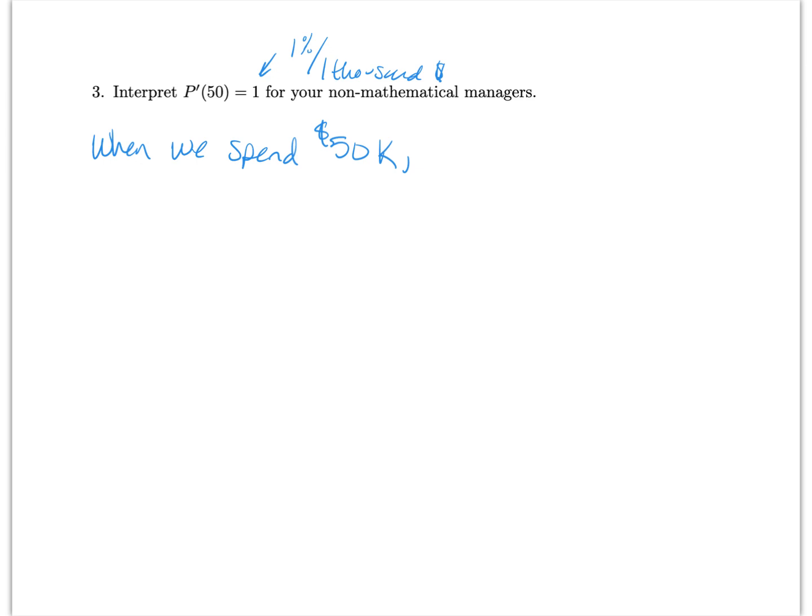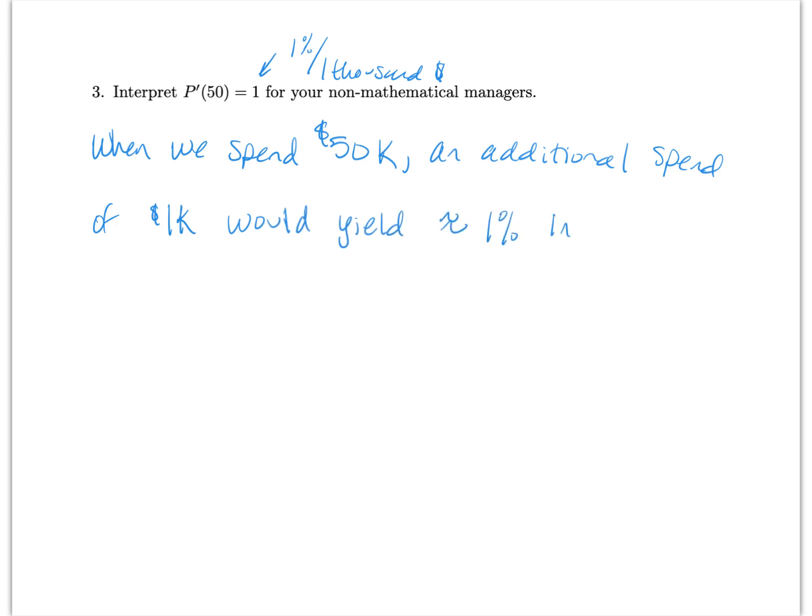So when we spend $50,000, an additional spend of $1,000 would yield approximately 1% increase in approval. I.e., P of 51, right?